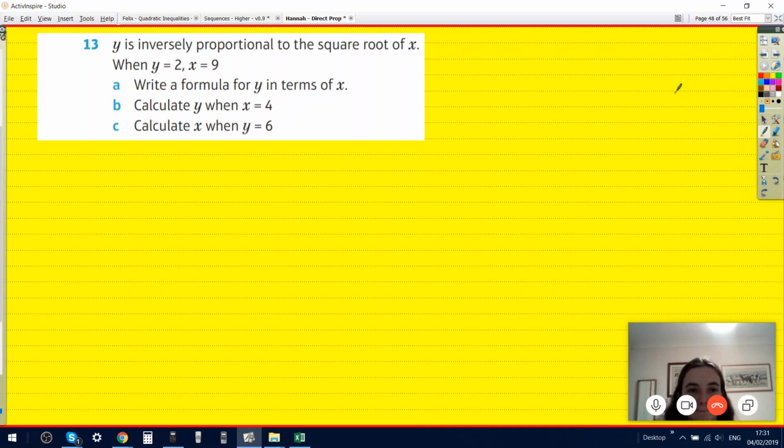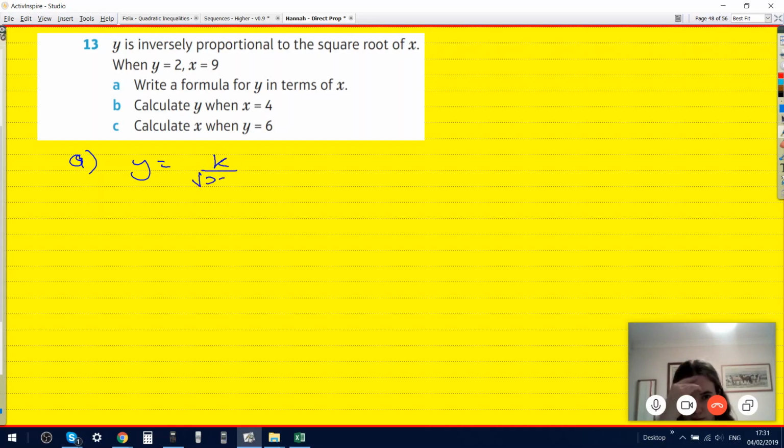Okay, how about this? Y equals k over root x. 2 equals k over root x.